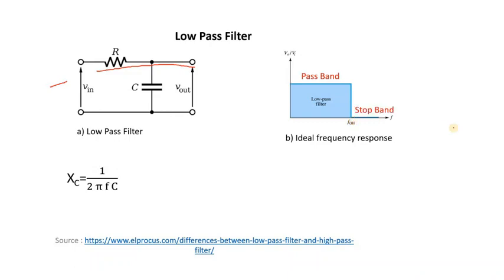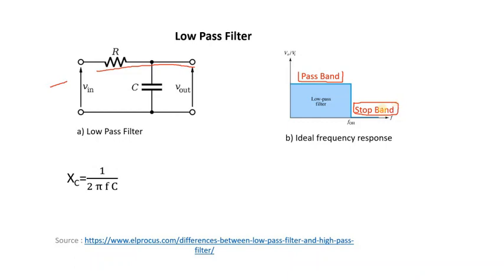In this figure, you find two terms, pass band and stop band. The frequencies below the higher cutoff frequency which are passed through your filter fall under the category of pass band. The band in which the frequency is being passed is called pass band, and the band in which the frequency is being stopped or attenuated sufficiently so that it does not pass through is called stop band.